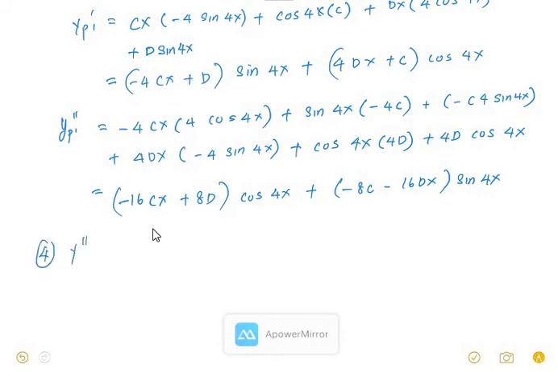So y double prime plus 16y equal to cos 4x. Okay, you substitute all the y prime and y.